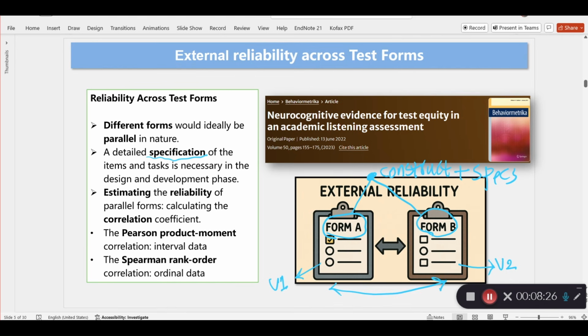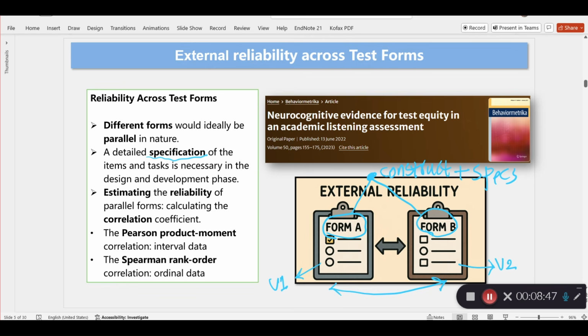Most often, the type of correlation analysis that is suitable for this kind of reliability is Pearson product moment, or simply put Pearson correlation, because the data are interval. But on the other hand, if the data you feel is ordinal, then Spearman rank order would be suitable.